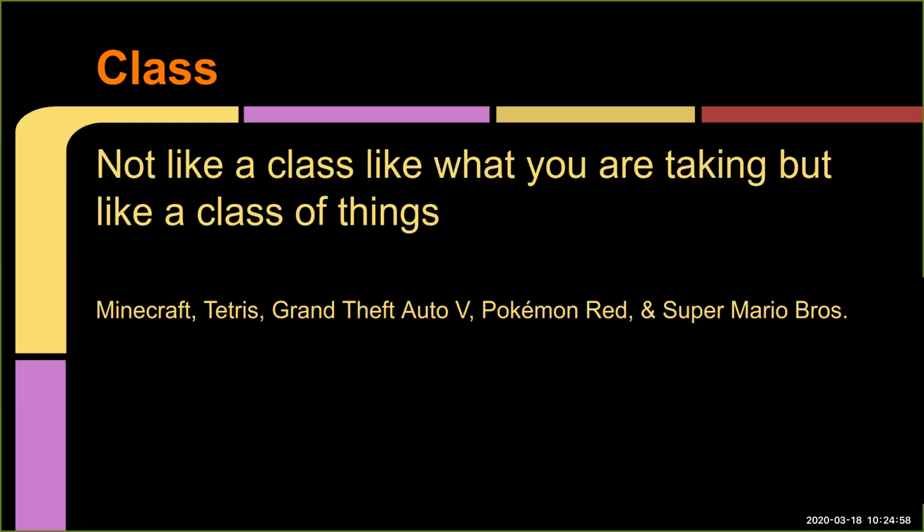Their attributes could be their position on your desk, some kind of name, or the material they're made out of. So the class would be things on my desk, and the private elements of that would be the positions and the colors and the materials and whatnot.